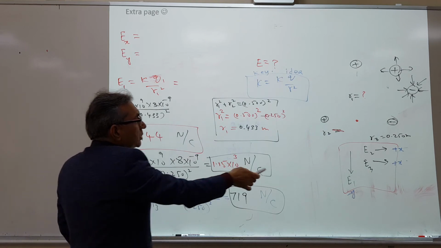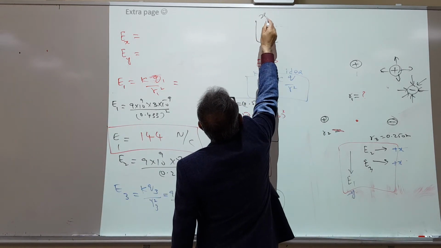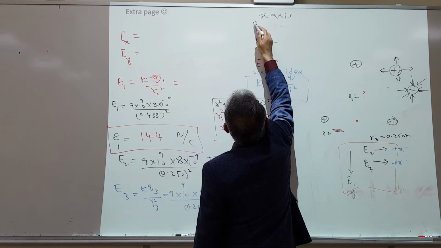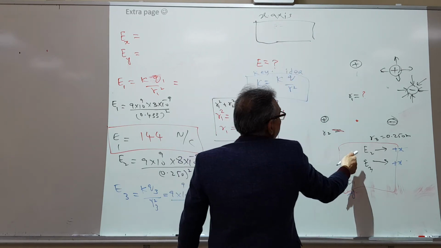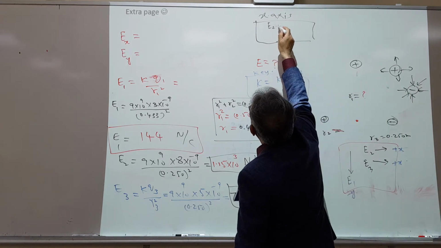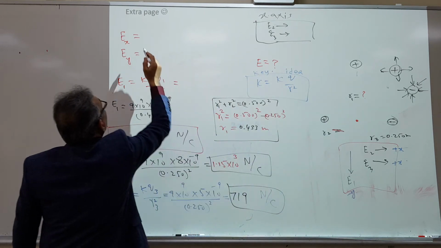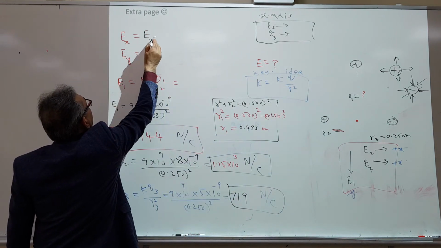How do we find the x component? These x components are along the x-axis. You have these two, E2 and E3. Both are positive.